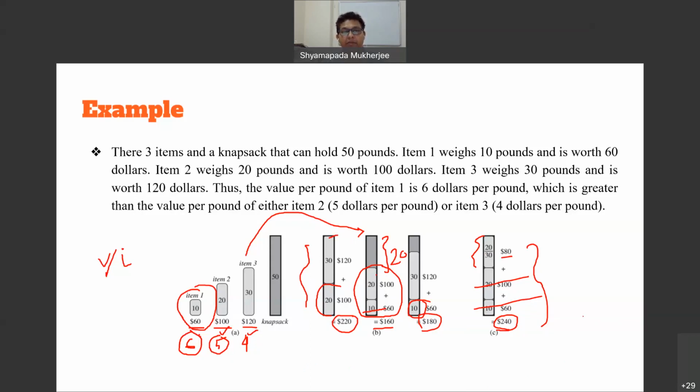But the fractional knapsack problem is able to give an optimal solution. From this idea, you can see that a greedy algorithm cannot always be used to give an optimal solution.